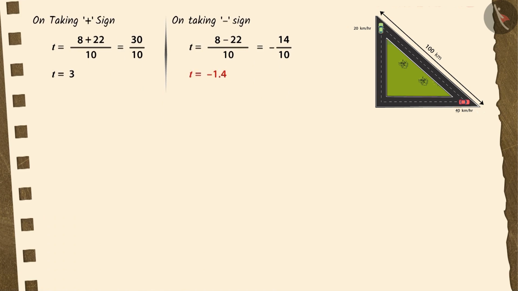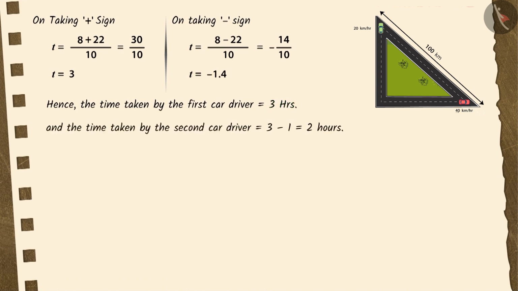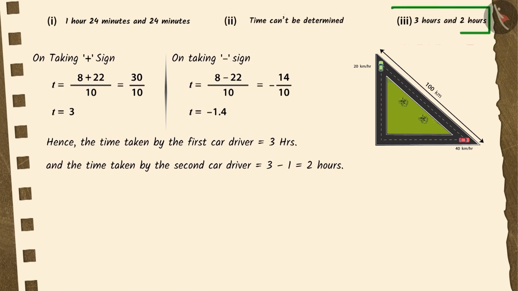You know that time is never negative, so the value of t will be 3. That is, the first car driver will take 3 hours to cover the distance. And the second driver, who was delayed by 1 hour compared to the first driver, will take 2 hours. Hence, option 3 is the correct answer.